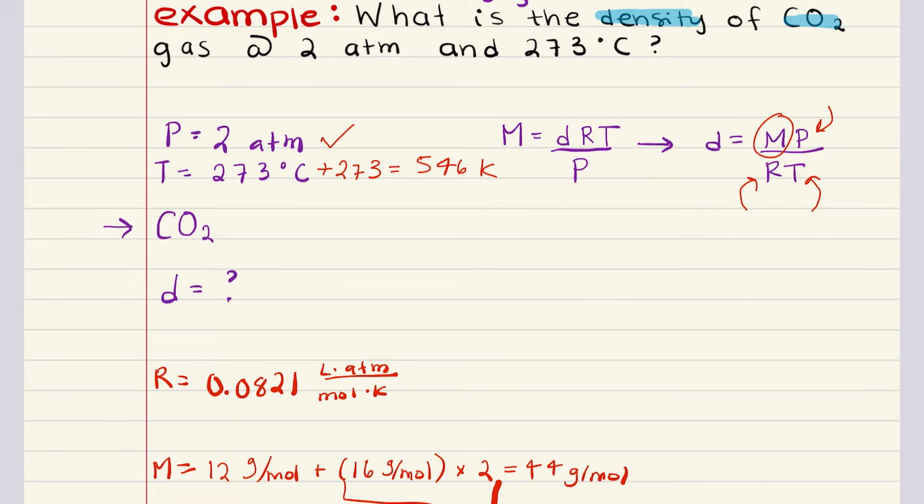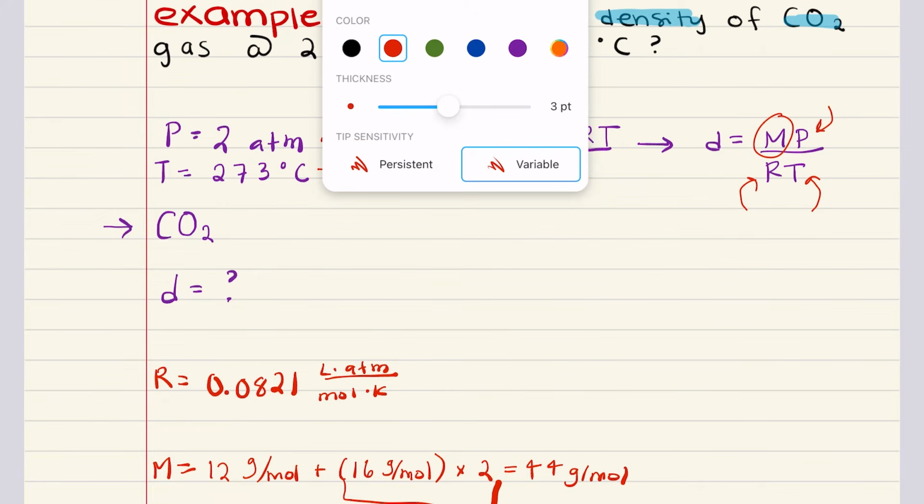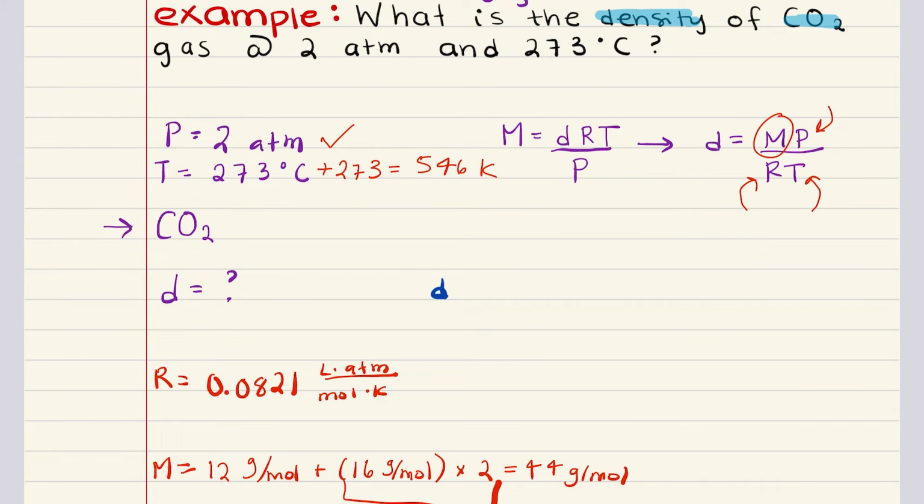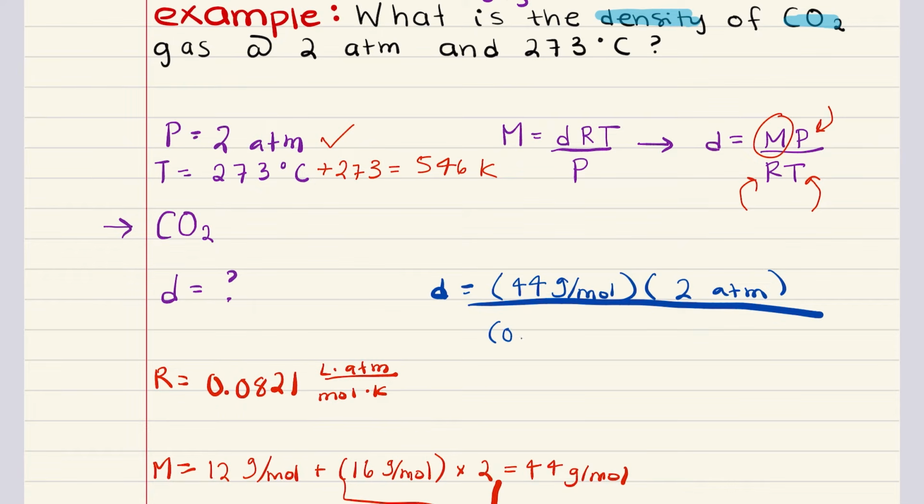Beautiful. Now we can go ahead and just plug things into our equation. So here we're going to have density is equal to molar mass, 44 grams per mole, multiplied by pressure, 2 atmosphere, over our gas constant, 0.0821 liters times atmosphere over moles times Kelvin, and then that's multiplied by our temperature, which is 546 Kelvin.